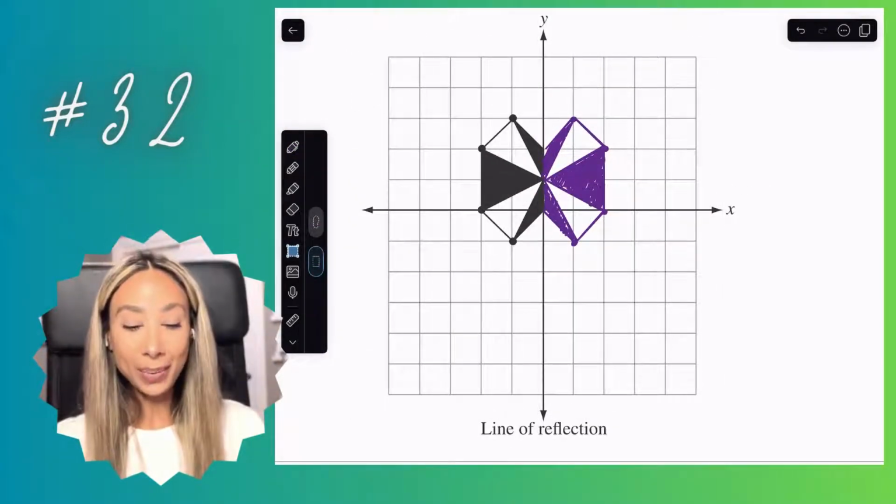Okay, so here is our new shape. So now what we're saying is the two originals are reflected and that becomes a new shape.